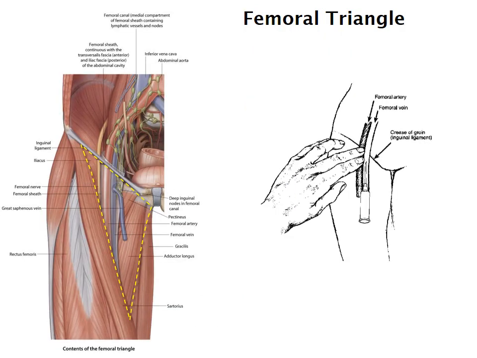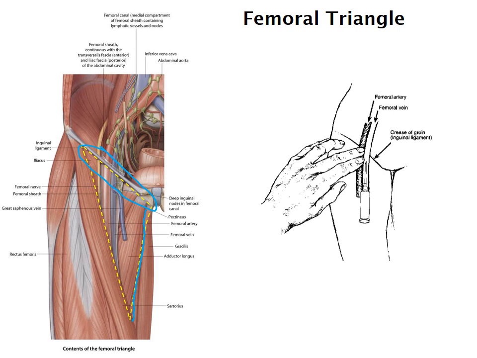The femoral triangle is a wedge-shaped depression in the upper anterior thigh formed by the thigh muscles inferior to the inguinal ligament and by the inguinal ligament itself, which is the base of the triangle. The medial border is the medial margin of the adductor longus muscle in the medial compartment of the thigh.